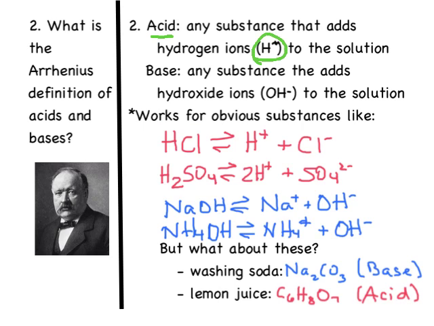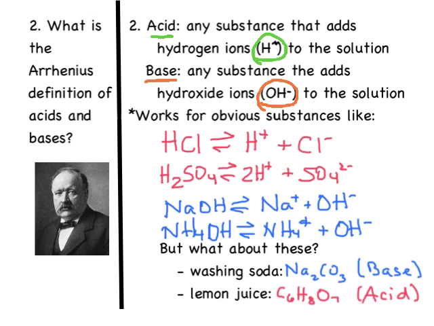So if a substance falls apart and releases that H+ ion, then it is considered an acid. Bases, on the other hand, are any substance that adds hydroxide ions, or that OH- ion, to the solution. So when it dissociates, it's going to have that OH- ion in it.